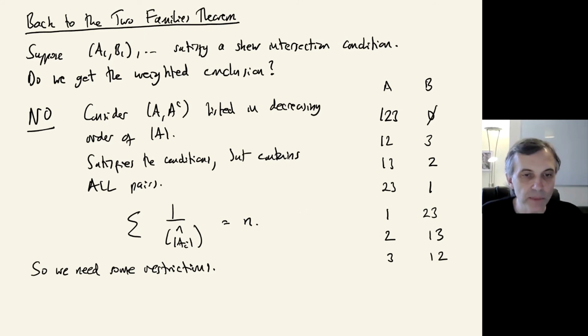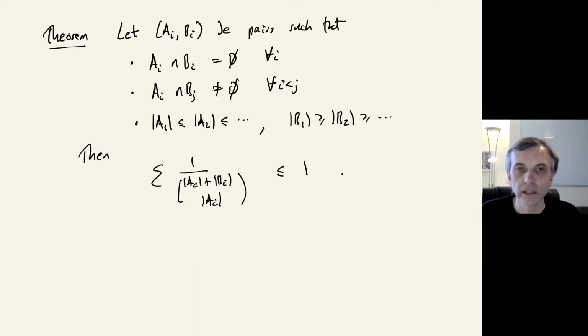So we need some more restrictions to make it true. We can't just have an arbitrary sequence of profiles. So the question is, what sorts of restrictions will work? We know that if we make all the profiles the same, that works. Here's a different thing you could do, a new version of the two families theorem.